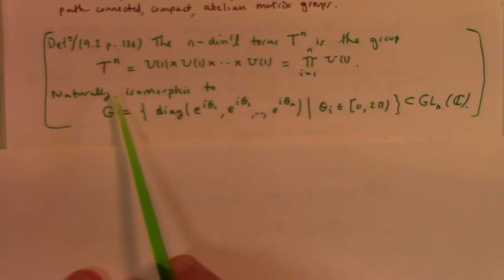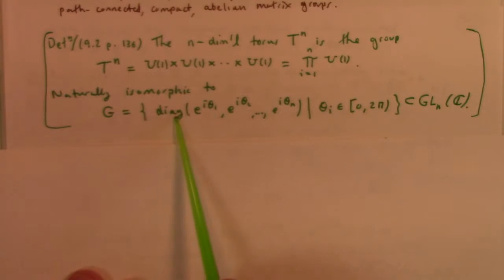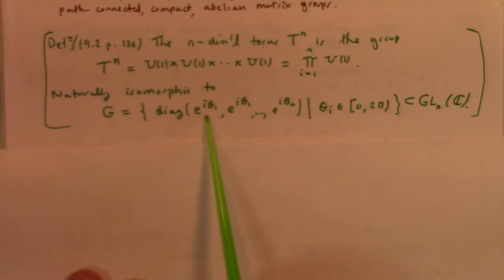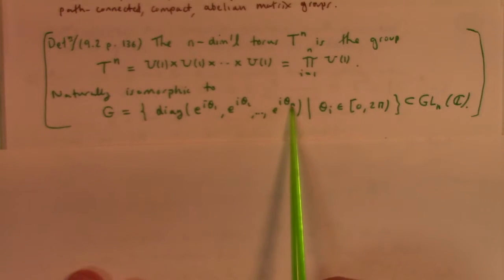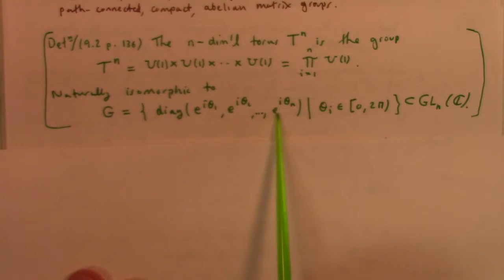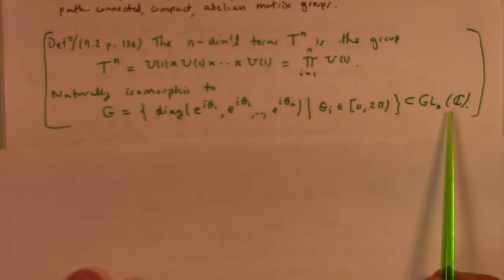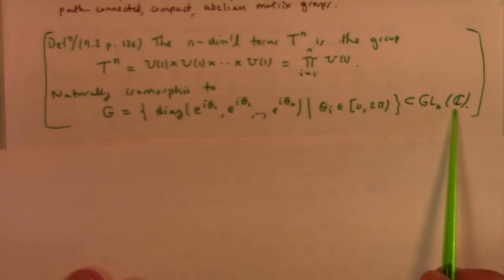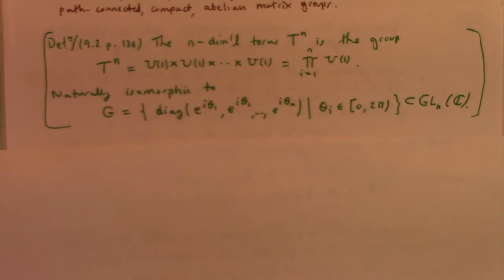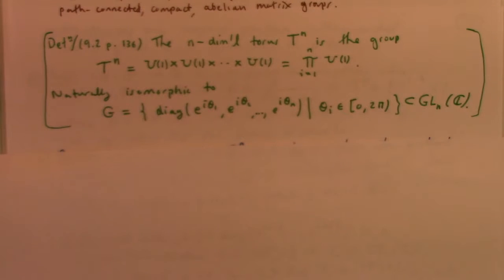This is naturally isomorphic to the diagonal matrices which have just imaginary exponentials on the diagonal. So this is naturally identified with this particular kind of diagonal matrix, which sits in the n by n invertible complex matrices. All right. So if we want a nice model of T^n, this is a nice go-to model for the n-torus.